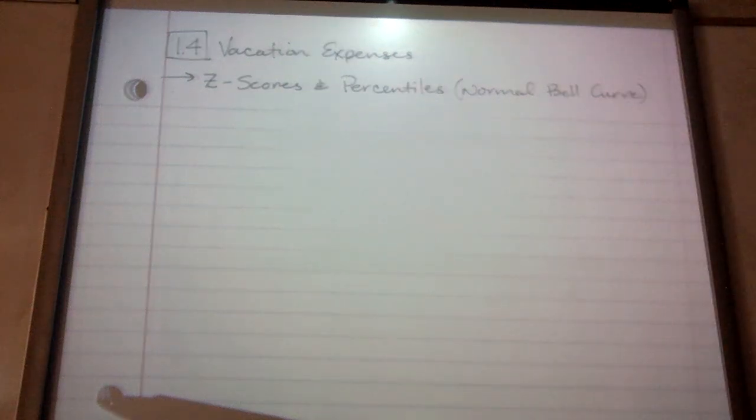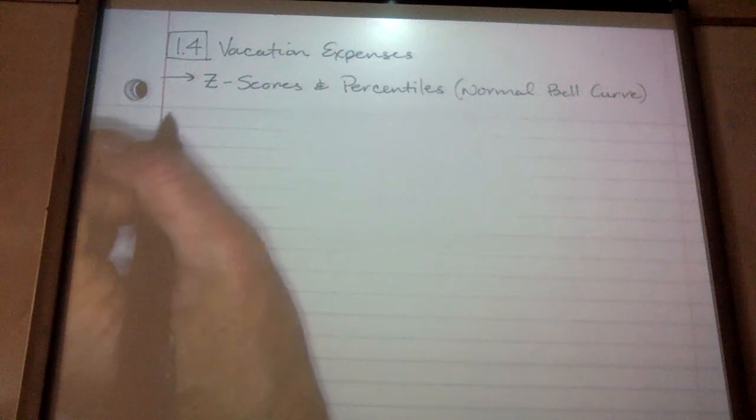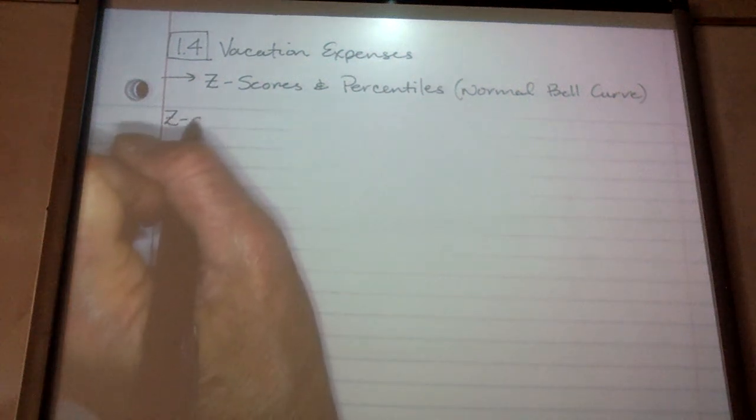So here's the formula for z-score. A z-score is your standard score.